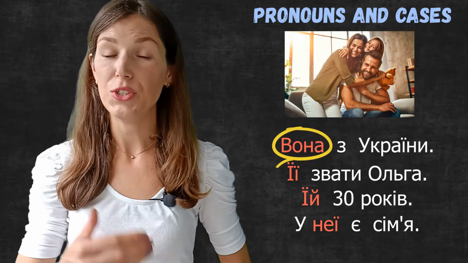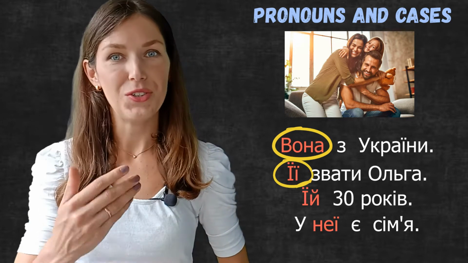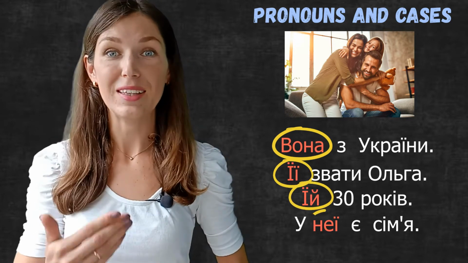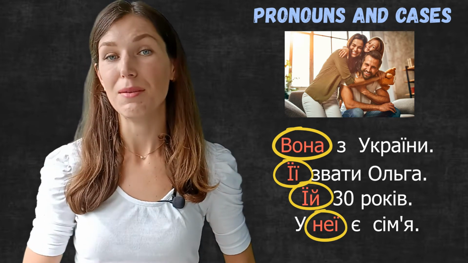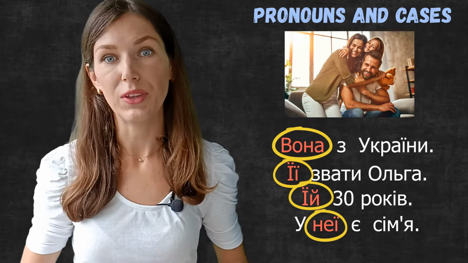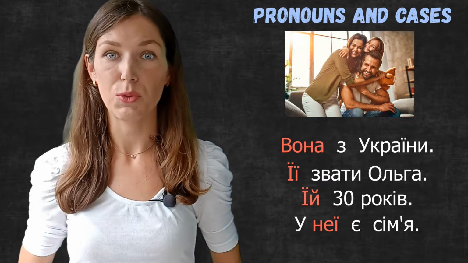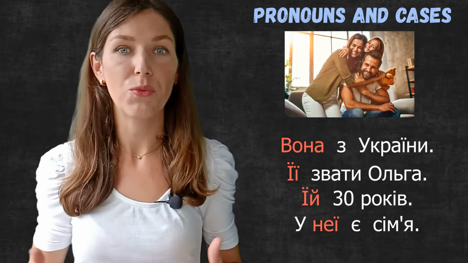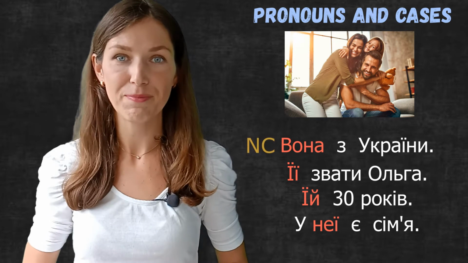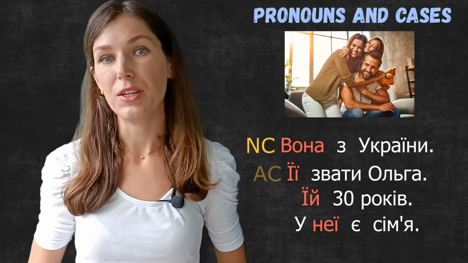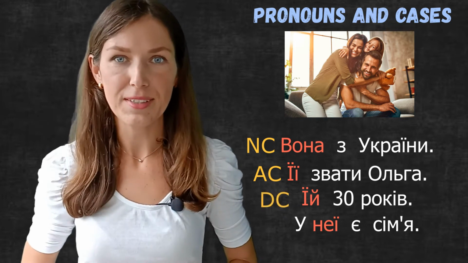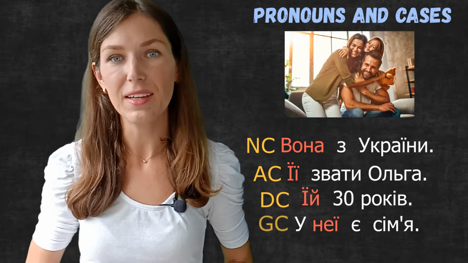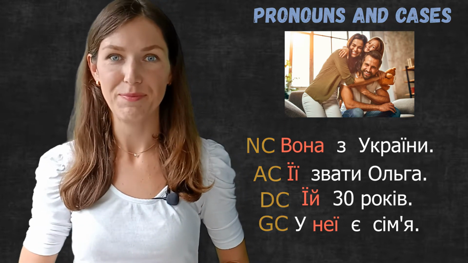Вона, її, їй, неї. That's all about the pronoun she. Вона, but in different cases. For example, in the first one, there's вона, nominative case, її, accusative case, їй, dative case, and неї, genitive case.